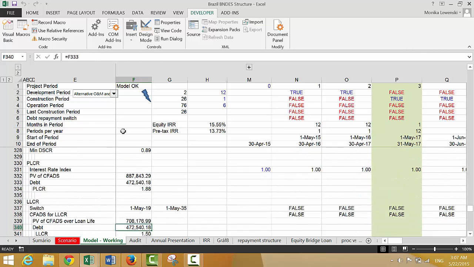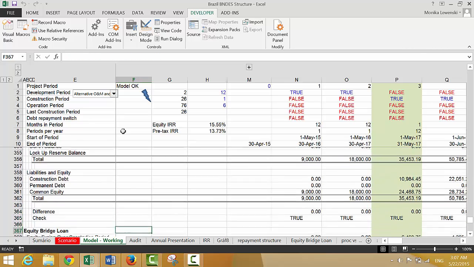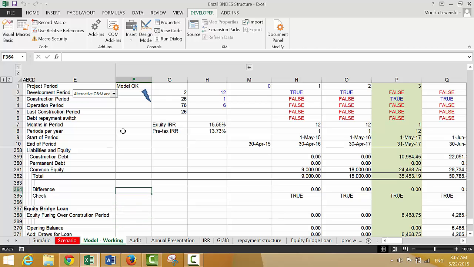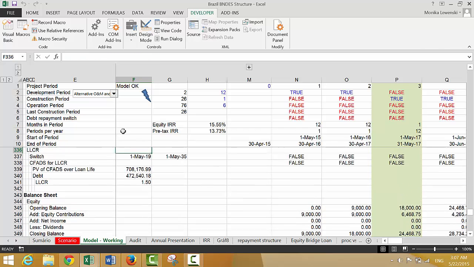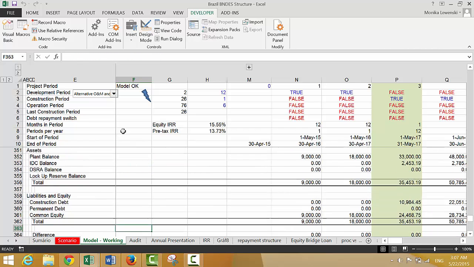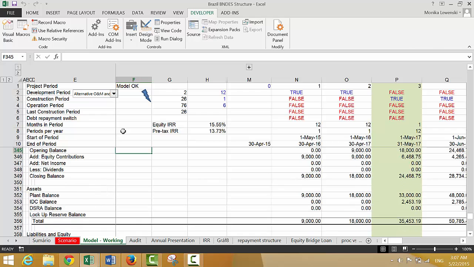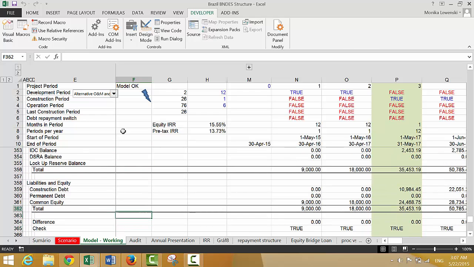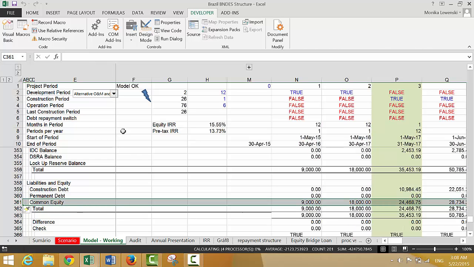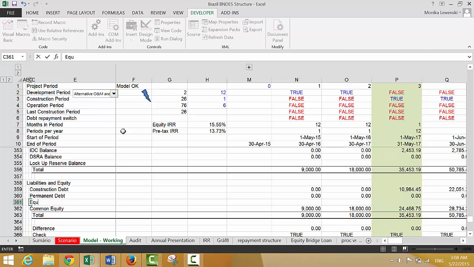Now, the question is, on the balance sheet right now, should we leave this balance sheet in, or put the equity bridge loan as part of the balance sheet? And if we put the equity bridge loan in, we'd add another line here for equity bridge loan, and apparently they do include this equity bridge loan.